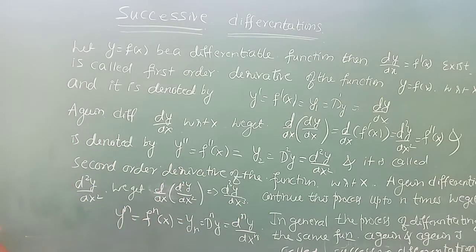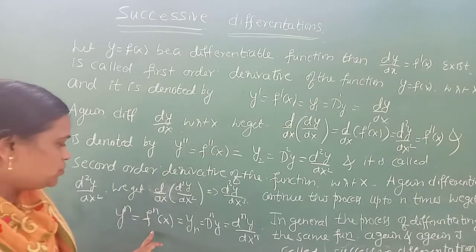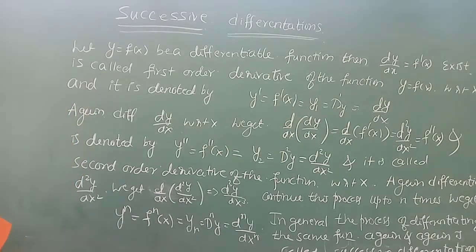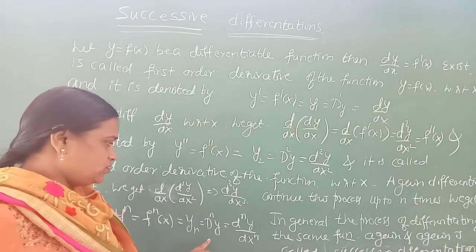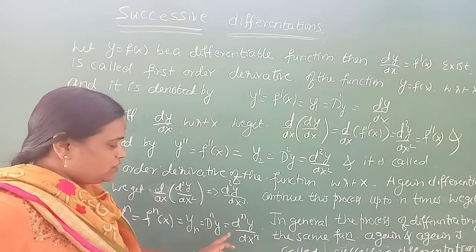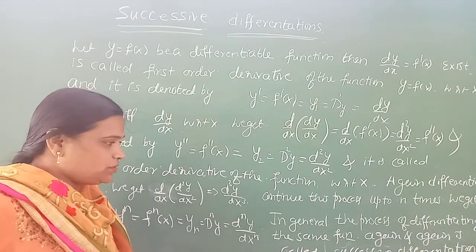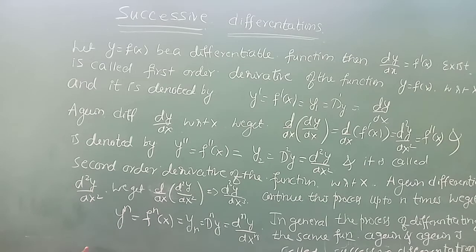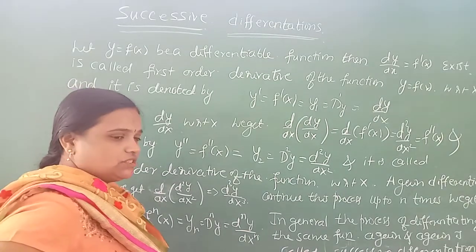Continue this process up to n times. We get y to the power n, that is equal to f to the power n of x, or yn, or d to the power n of y by dx to the power n. This is the notation of the nth order differentiation.